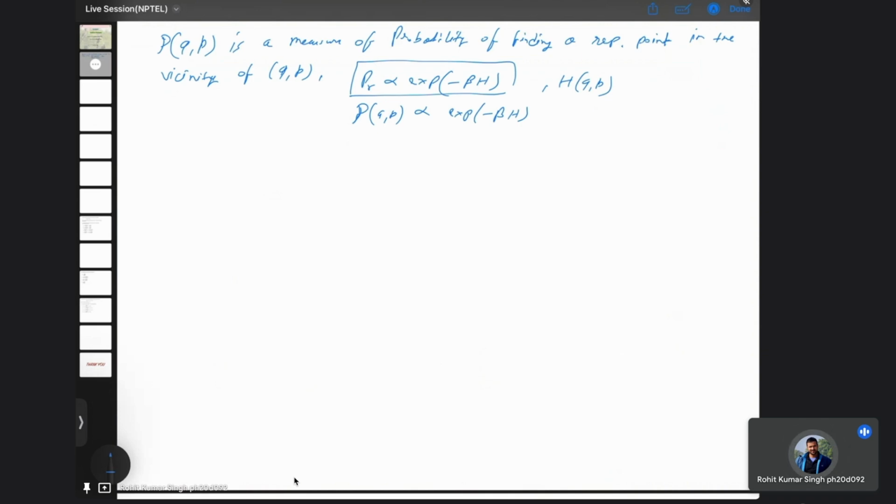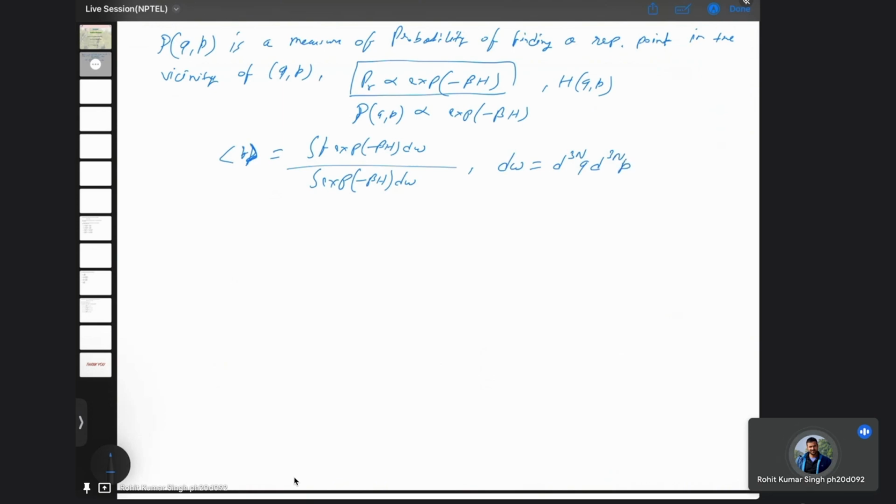So if you want to find the expectation value of some quantity f, then we have the recipe to do that, using this expression where dw is the phase space volume, so 3N coordinates of position and then 3N coordinates of momentum.